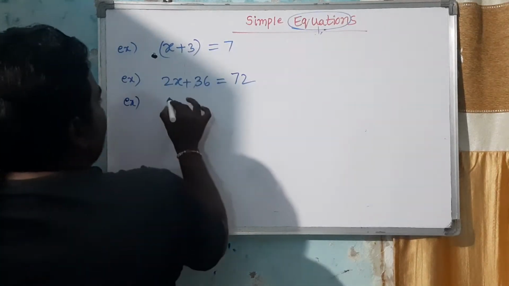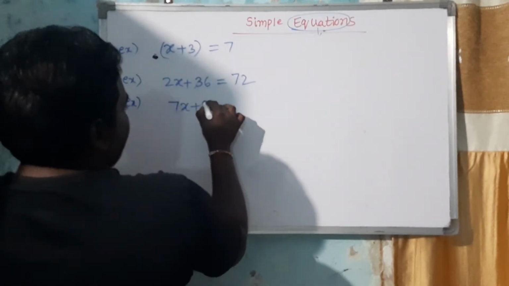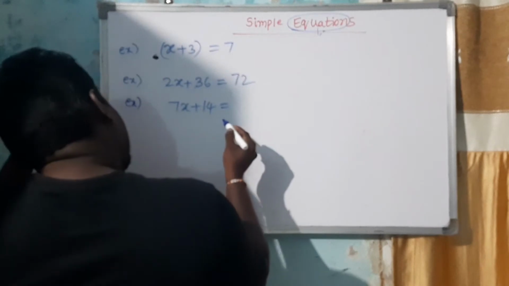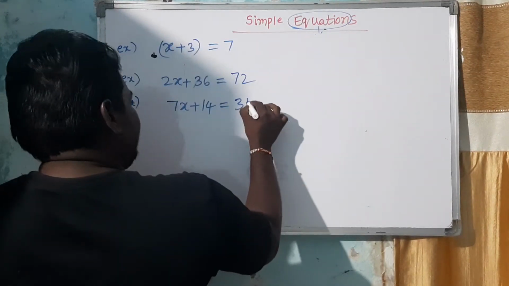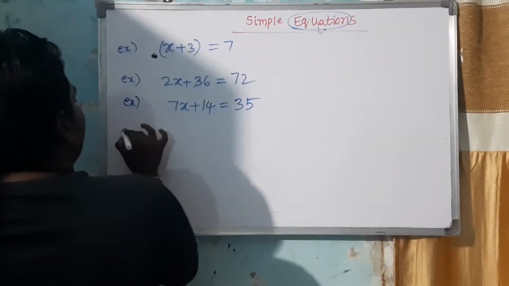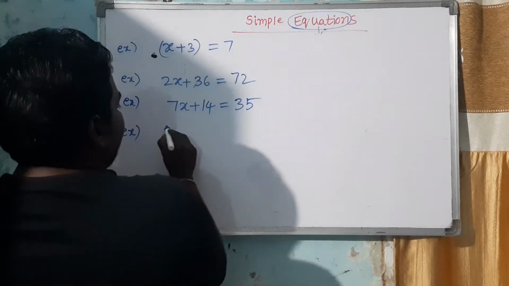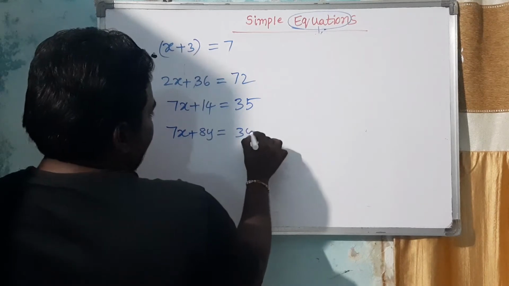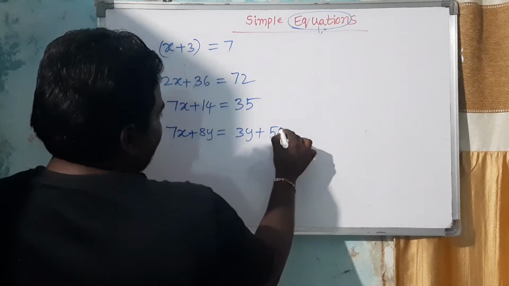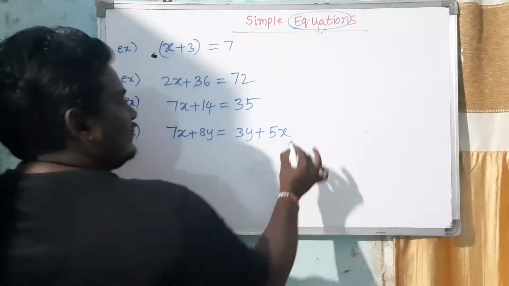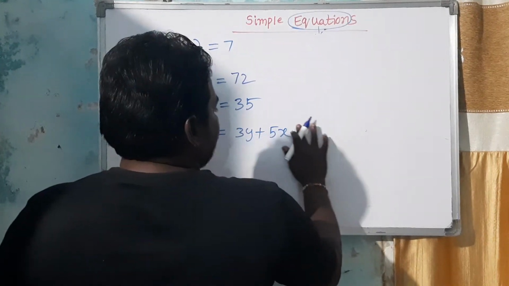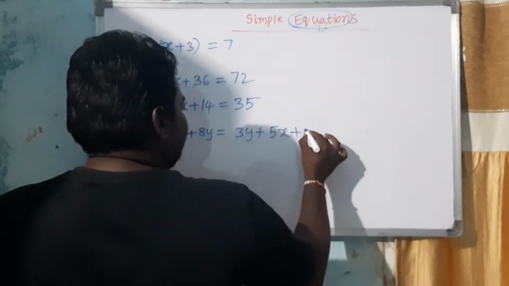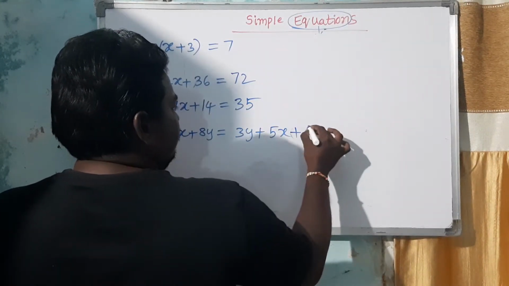Next, 7x plus 14 equal to 35. This is also another equation. Let me take another example: 7x plus 8y equal to 3y plus 5x, plus 20.